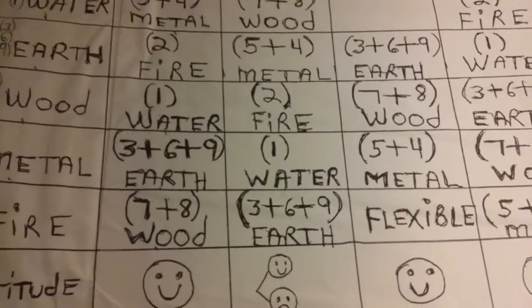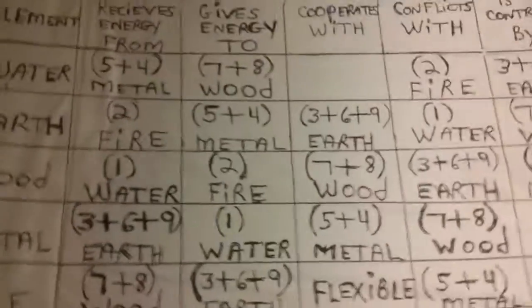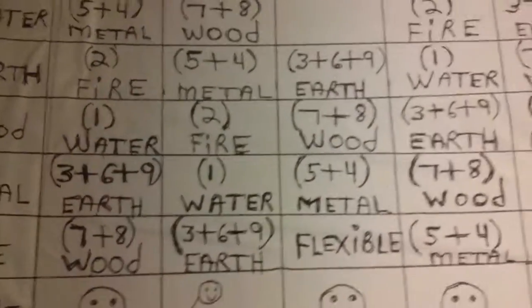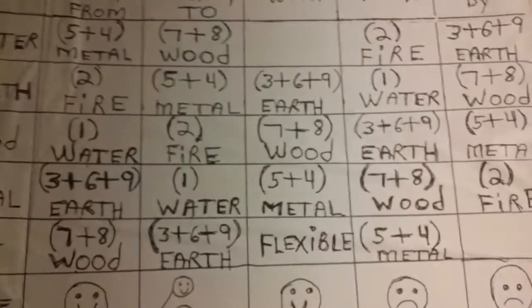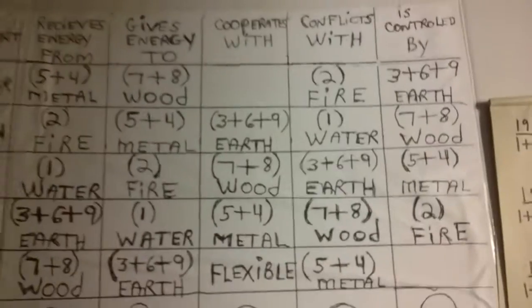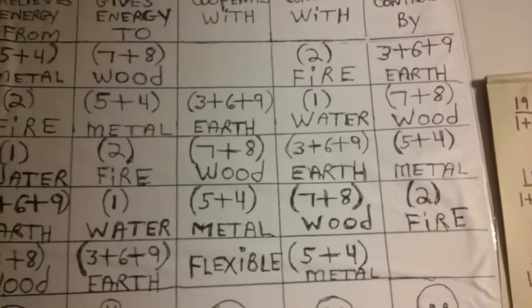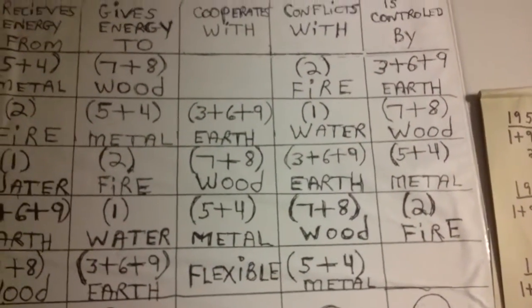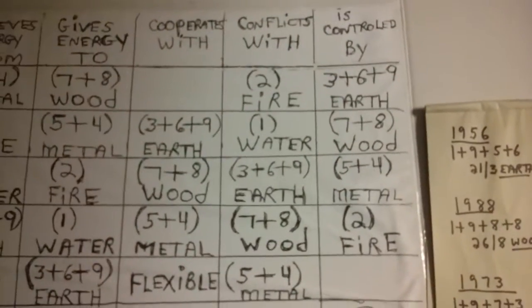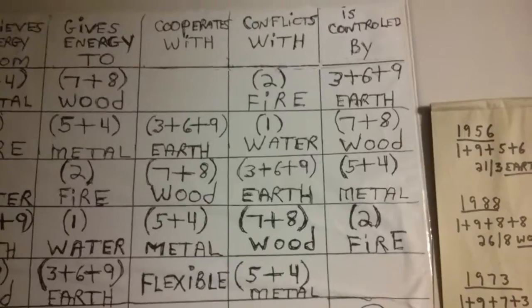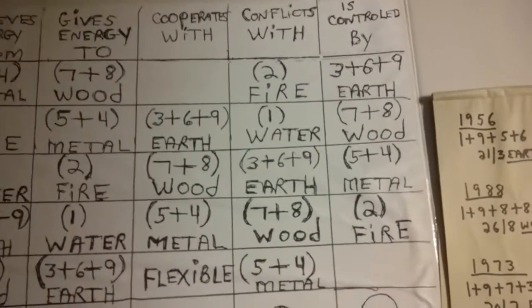In other words, if you put metal in water, it starts rusting and it gives up some of its metal to the water, and it cooperates with itself. Metal cooperates with metal, but it conflicts with wood because metal chops wood, and metal can be bent by fire. So there's a control factor between somebody that's metal and somebody that's fire.